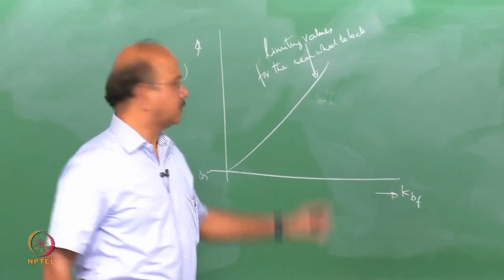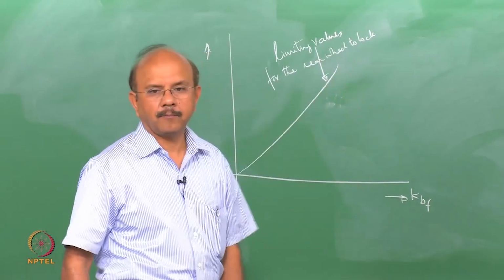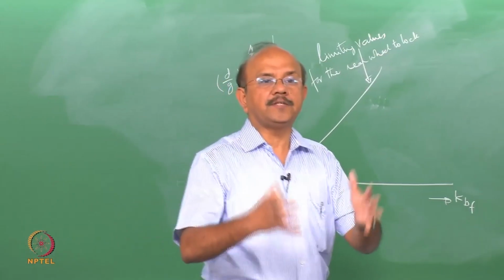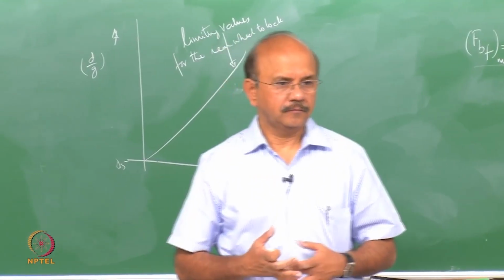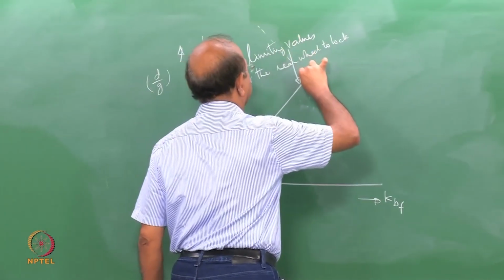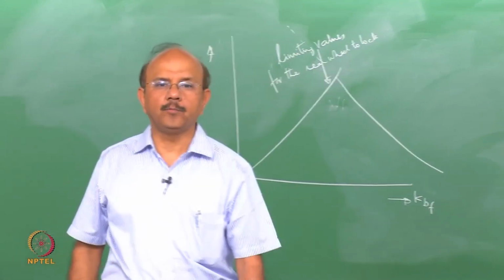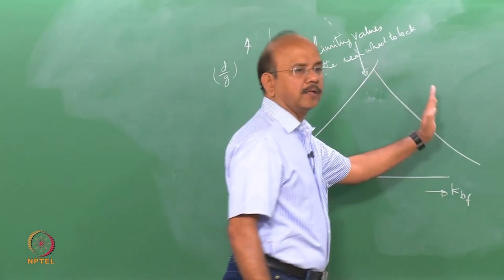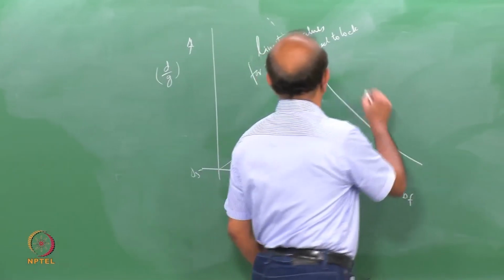When I increase KBF, that means I am giving force to the front, so at some point that would start decreasing. That would be the curve, the limiting value for the front wheel to lock.